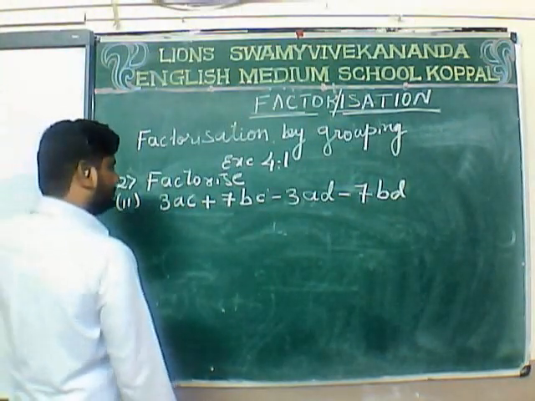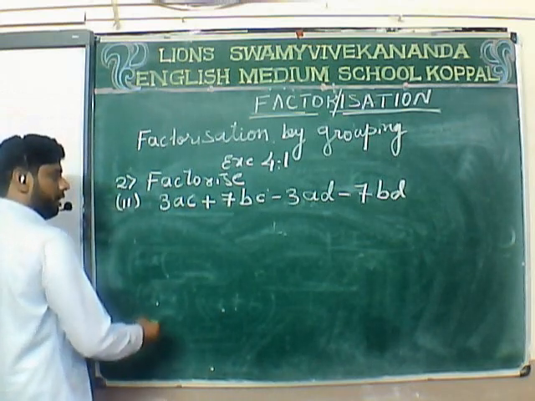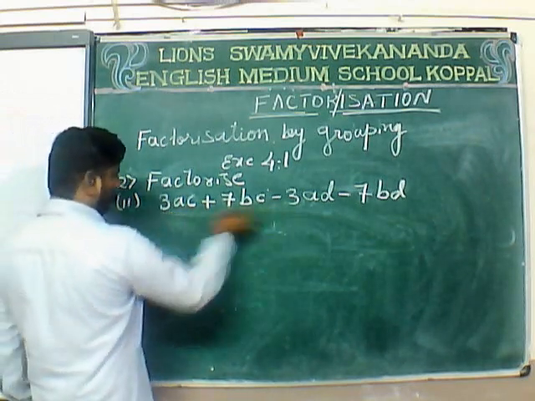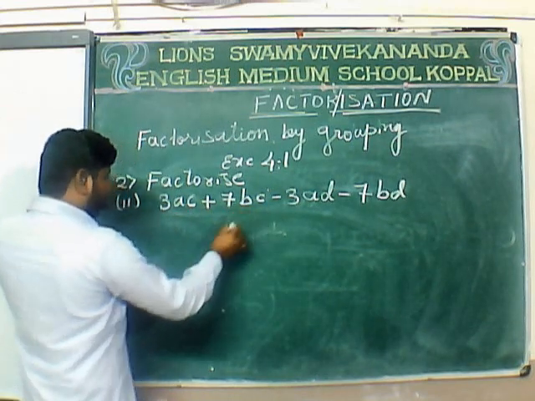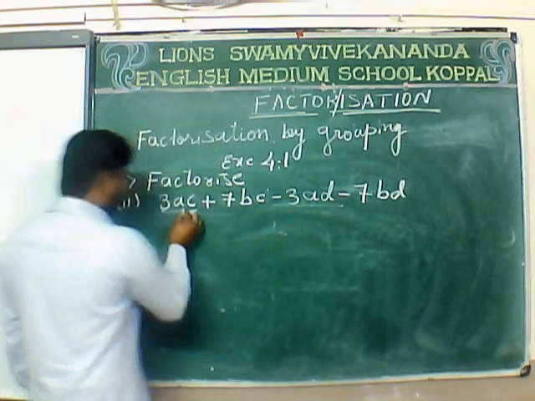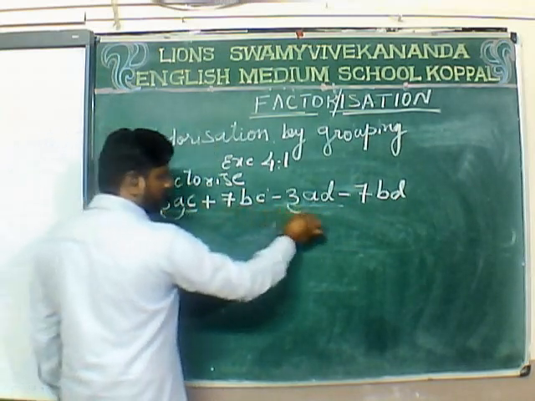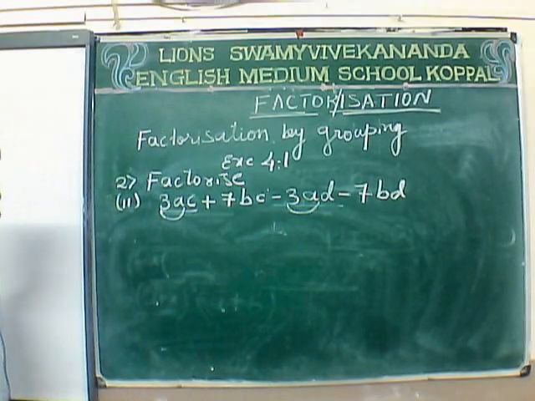Factorization by grouping. So now let us see, do we have common factors here? Yes, we have common factors, but when I compare 3ac with minus 3ad, I can see these two as the common factors, and these two as the common factors.